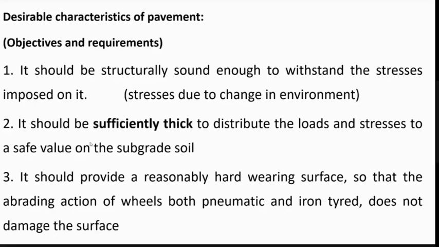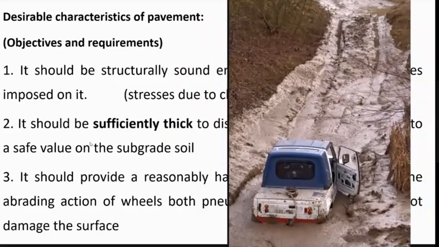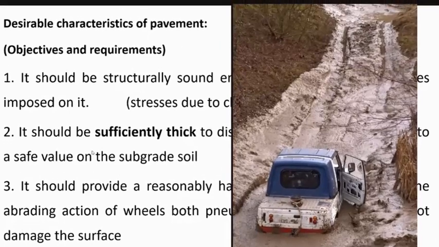It means that particular soil structure has failed to resist the load and has settled. That we can see on a mud road, but not on a bituminous or concrete road, because it is designed in such a manner that it will not settle or fail, and will withstand the stresses. That kind of structure needs to be designed.